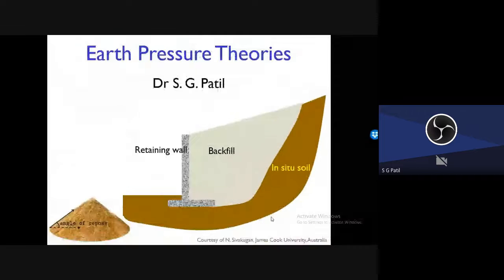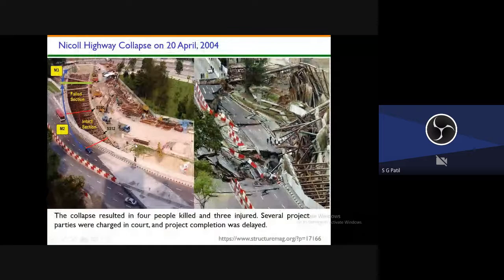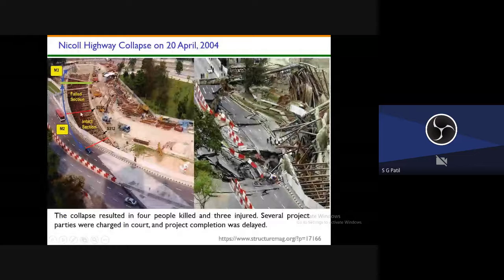Also, I have shown some failure examples of earth retaining structures in my previous class. This is the example from Malaysia, and this is the example from Singapore. You can see here almost a 30 meter excavation has been done, and they are retaining almost 90 degree.